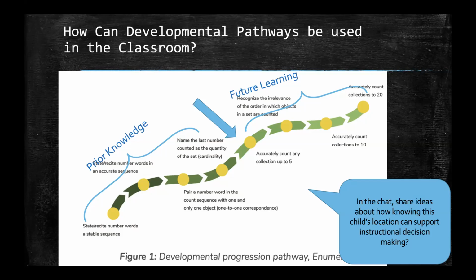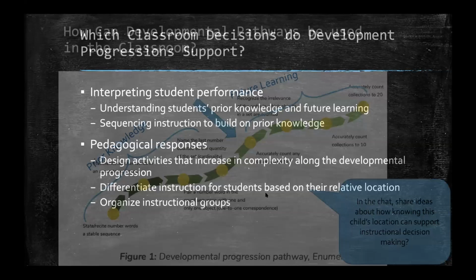You can use this developmental sequence to help structure the learning environment, so that you are not jumping too far ahead more quickly than the child may be ready or able to do at that time, but you're also not continuing to step back on the progression, because we do want to make forward progress for students.